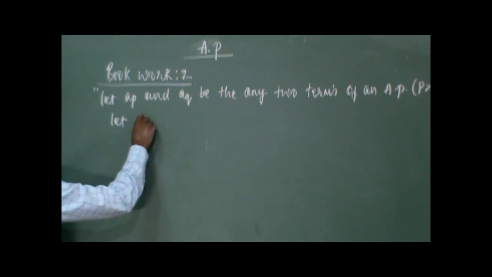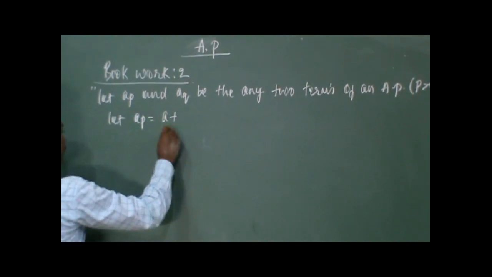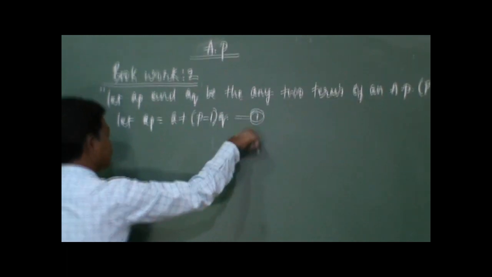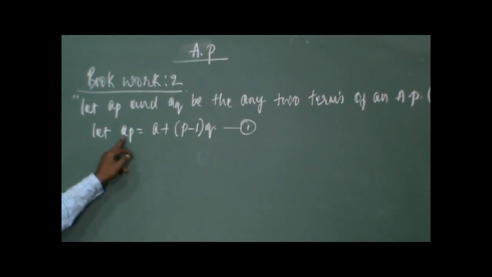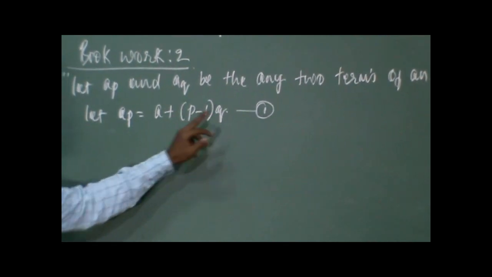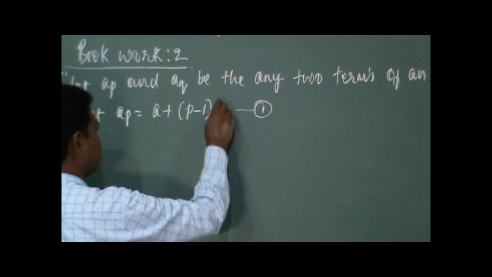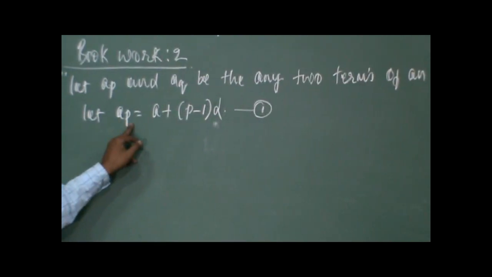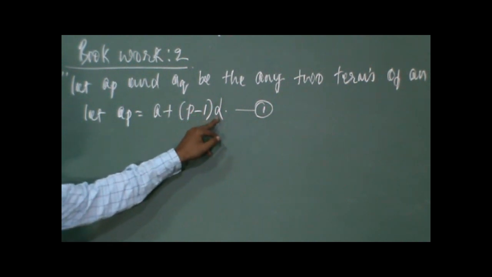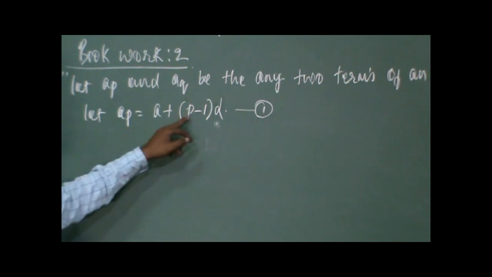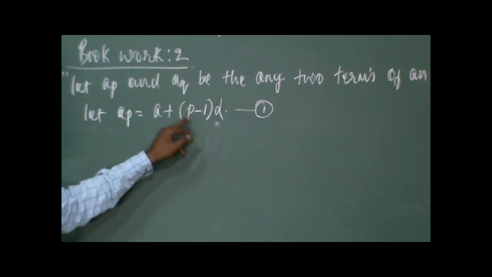Let AP is equal to A plus P minus 1 into D, take it as equation 1. If it is AN, then it is written as A plus N minus 1 into D. In the place of N, we are going to write P. That's all.